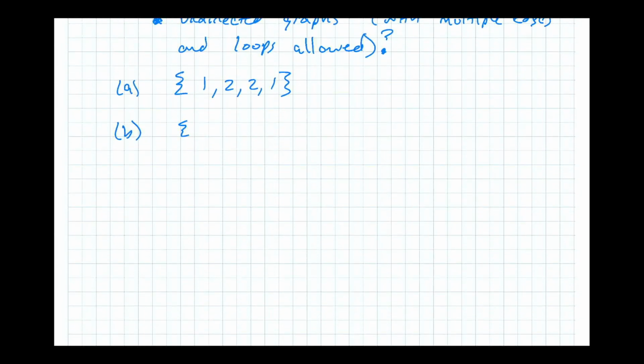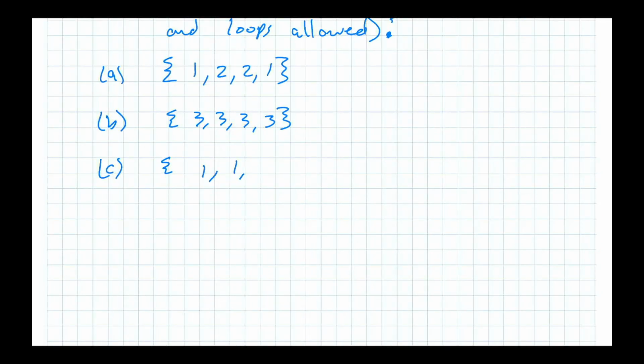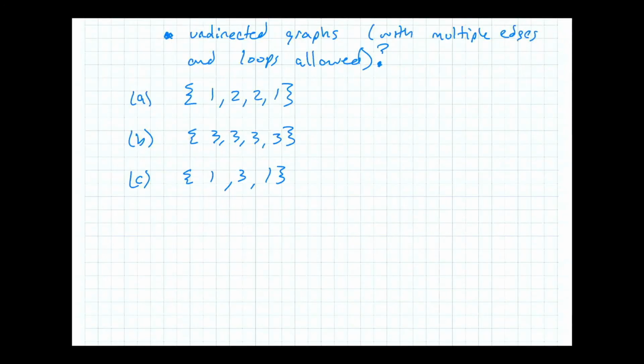Let's do, I don't know, I'm trying to think. 3, 3, 3, 3. 1, 1, 1. Actually, let's change this one. Sorry. 1, 3, 1. Okay, so let's try to do this.